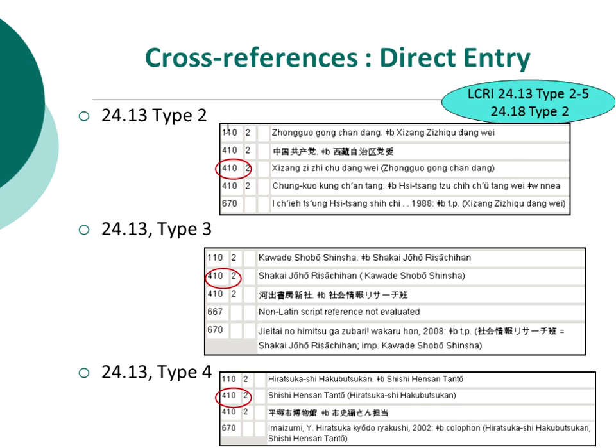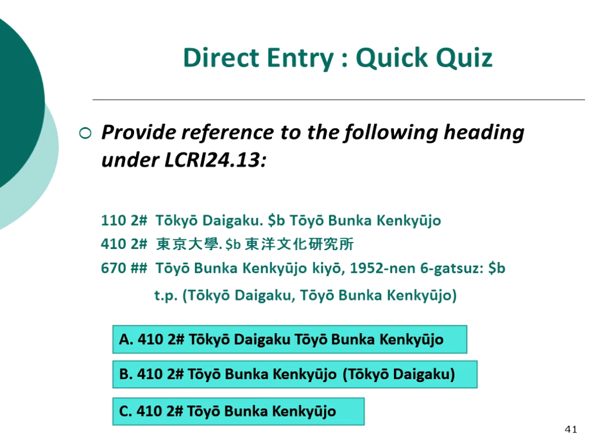So let's look at our first exercise on this rule, direct entry. We have 3 choices for you, and we have the 670 field here showing you how the body has appeared, and we have the 110.